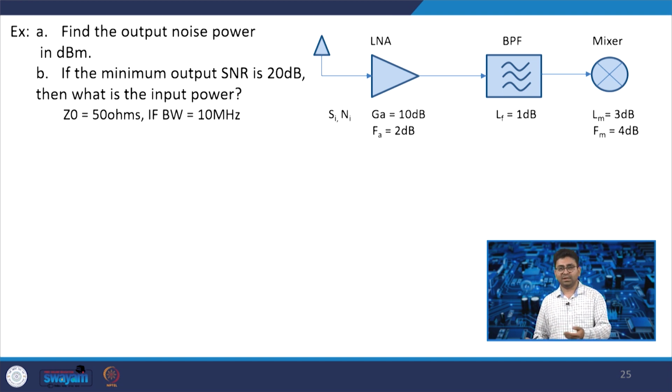When we discuss receiver architecture we will study various architectures, but this is a basic heterodyne kind of receiver structure that has a low noise amplifier, filter and mixer. Now, what we first need to do is find the output noise power in dBm.